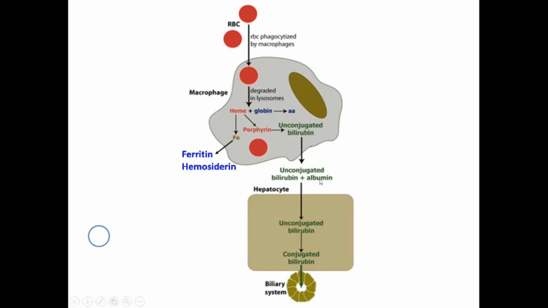Within the blood it is carried by albumin, then comes to the liver, is absorbed by a hepatocyte, and the hepatocyte converts unconjugated bilirubin to conjugated bilirubin. Now the digestive system and also the urinary system can excrete these poisonous materials. And globin is a protein, so it is degraded to amino acids, and the cell can use these amino acids again.